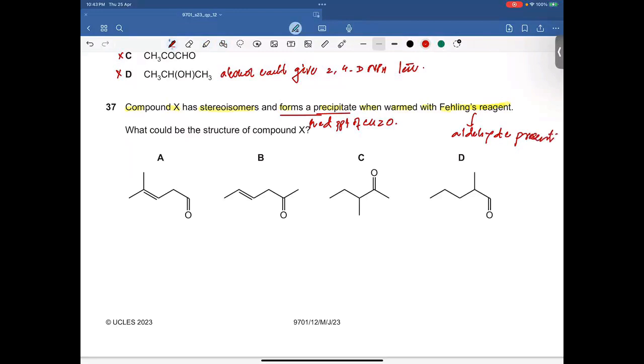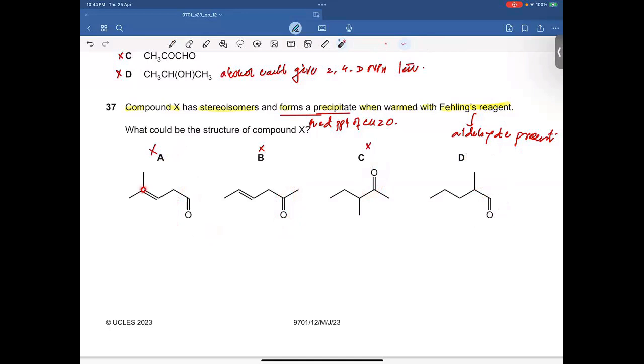So if an aldehyde is present, then option B and option C are both incorrect because both of them are ketones. Now competition exists between A and D because both of them are aldehydes. So both of them will give the Fehling reagent test. Both of them will give red precipitates of copper(I) oxide. But I need to check which one has stereoisomerism. Now option A is also incorrect because it does not have any stereoisomerism.